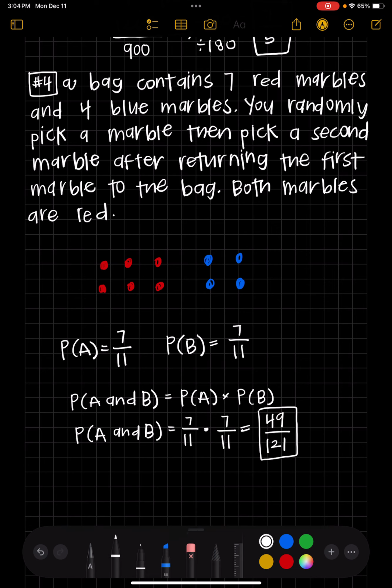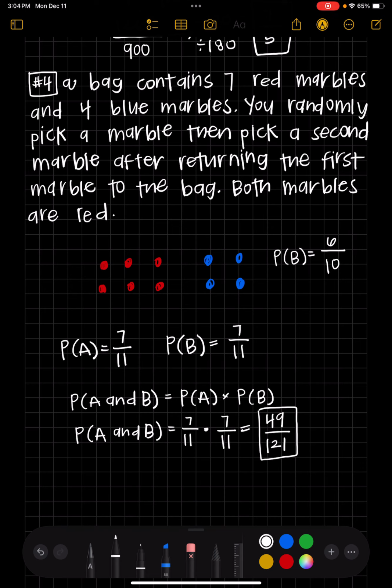So the probability of B would then be the amount of red marbles, which would be 6, over the amount of total marbles, which is 10. So that changes a couple of things, right? It affected, like you picking a red marble at first changed what your probability was when you picked the second red marble.